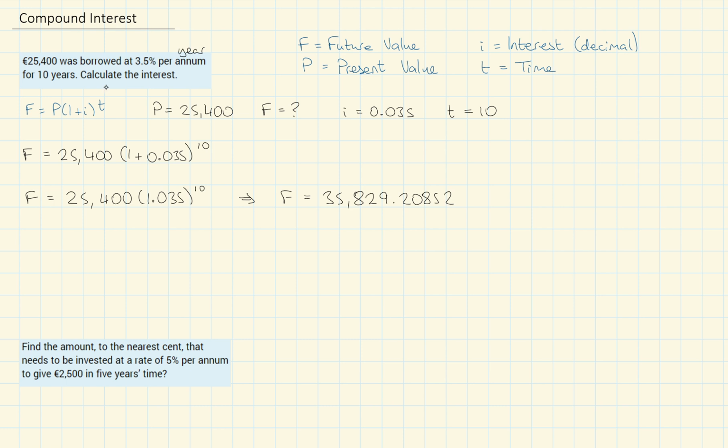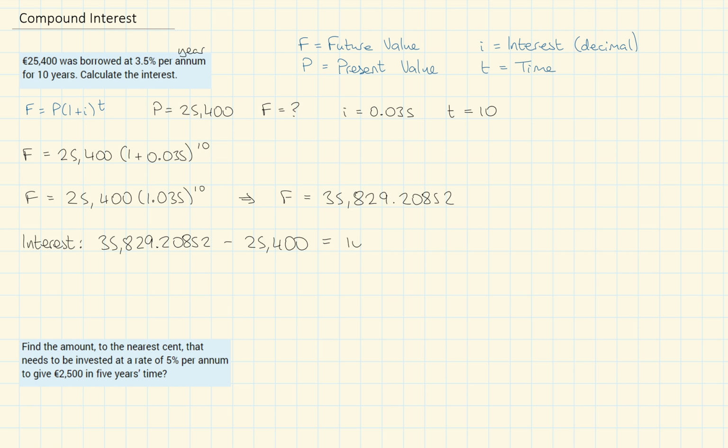Now, back to the question, we were asked to calculate the interest. So we have the final amount, and we know the initial amount. If we subtract them from each other, we'll end up with the interest. So for interest, it'll be 35,829.20852 minus 25,400.